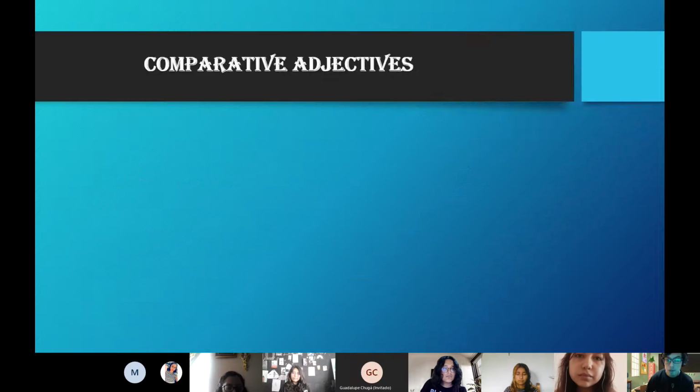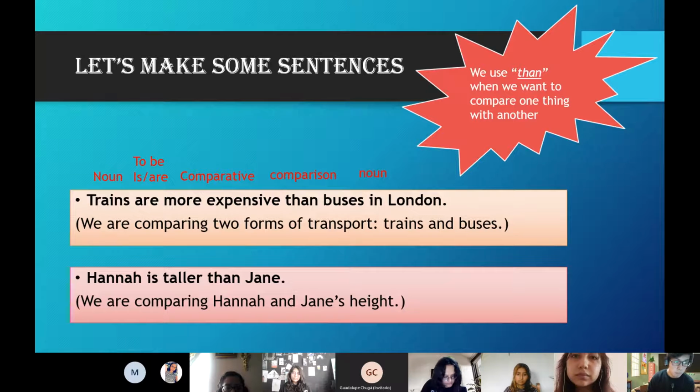So here we have the structure to make some sentences. The first is the noun, el sujeto, any kind of noun that you want to compare. For example, trains, the dog, my sister, my friend, he, she, it, you.